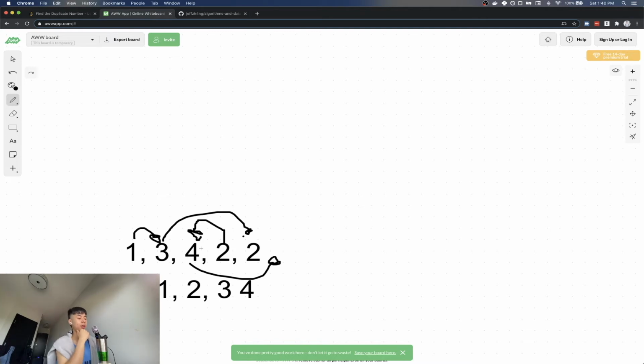So if we can't use any extra data structures, can we follow the pointer somehow and figure out if there's some sort of cycle? Because 2 nodes map to 1 node. The 2 nodes that have value 2 map to the node with value 4.